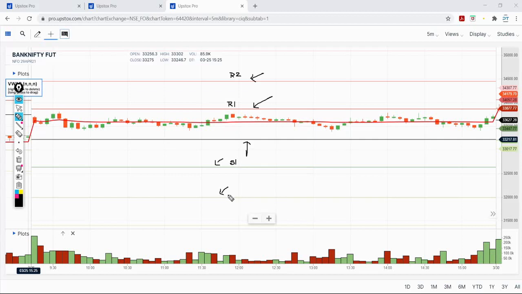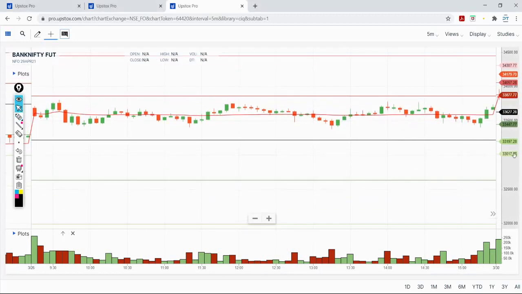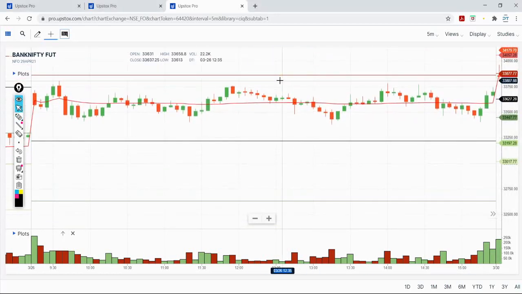The light red colored line is S2, and the very mild one, I don't know whether you could see it, is S3. Same way on the upside, this is R3. Pivot, resistance, support. Simple.